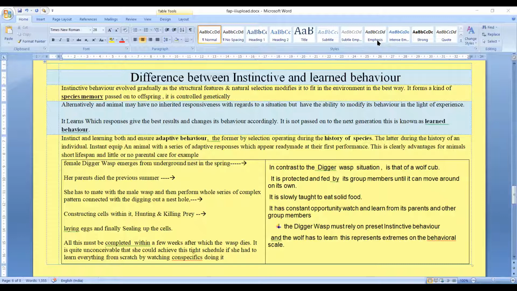It learns which responses give the best results and changes its behavior accordingly. It is not passed on to the next generation. This is known as learned behavior.